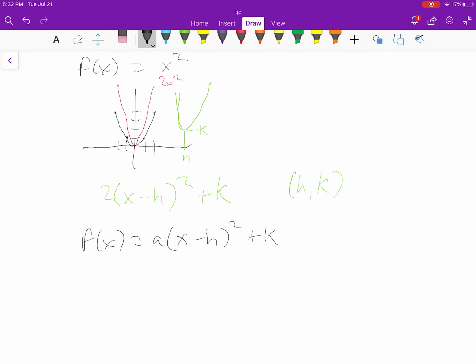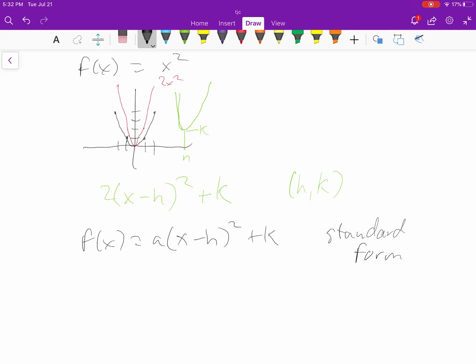And this is known as standard form. And it's kind of the most useful form when it comes to quadratic functions. Just like the mx plus b form for linear functions is the most useful form. This is kind of the standard form for the quadratic. And all quadratic functions are parabolas, okay?